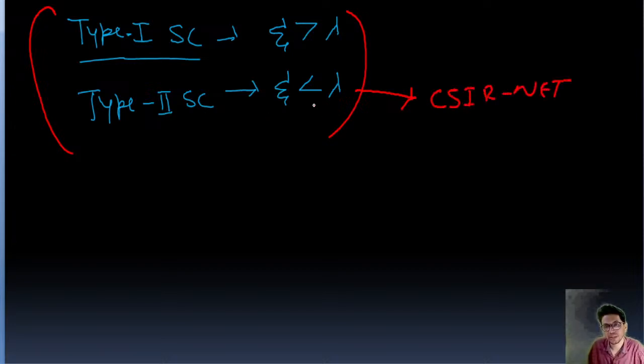For type 2, zeta is less than lambda, and for type 1, zeta is greater than lambda. Zeta means coherence length and lambda is penetration depth.